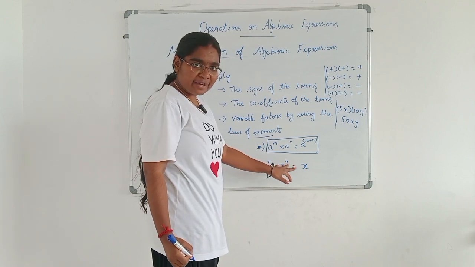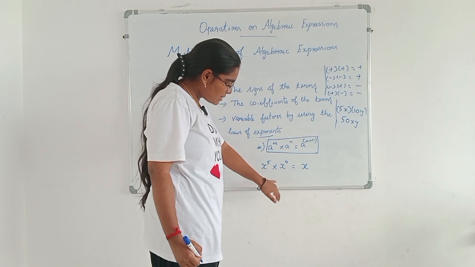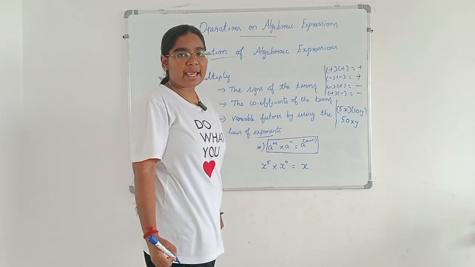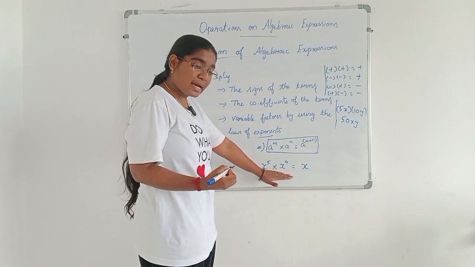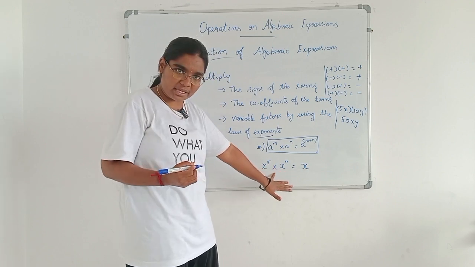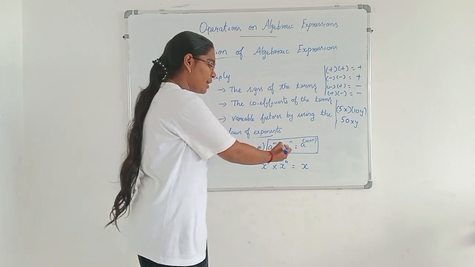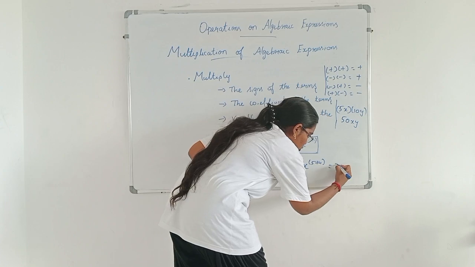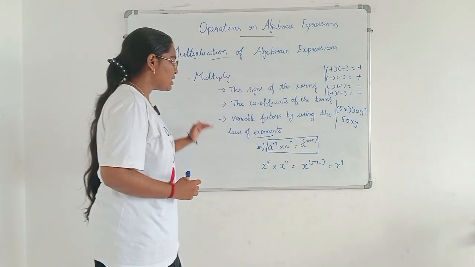Here the exponents are 5 and 4. If the base is the same and those two are in multiplication, then you can add the exponents. So again I am repeating, if the bases are the same and in multiplication, then you can add the exponents. So here x to the power of 5 plus 4. What will you get? x to the power of 9.